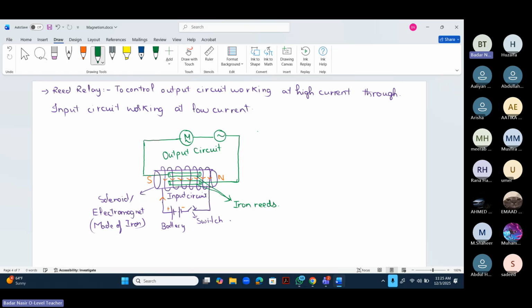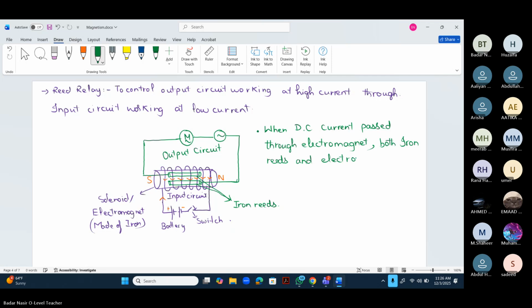So let's write here: when DC current is passed through the electromagnet, both iron reeds and electromagnet are strongly magnetized.